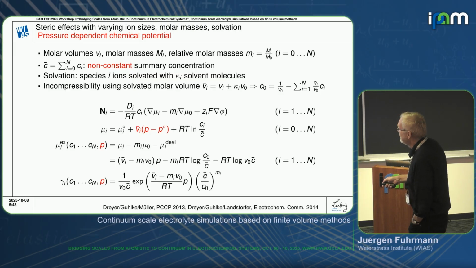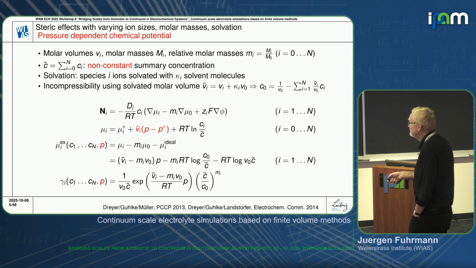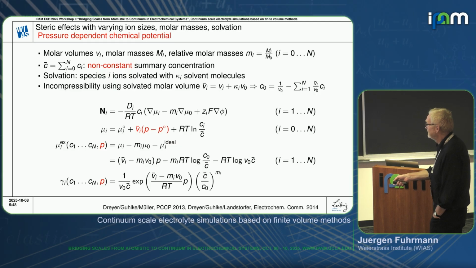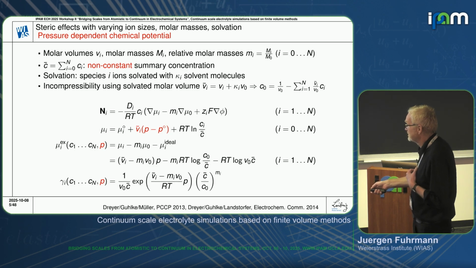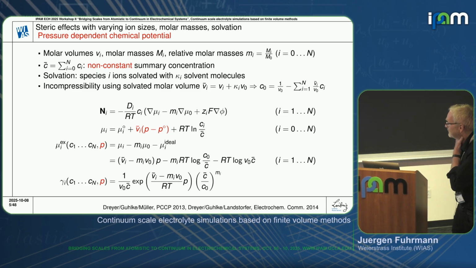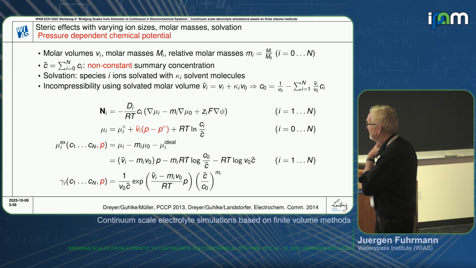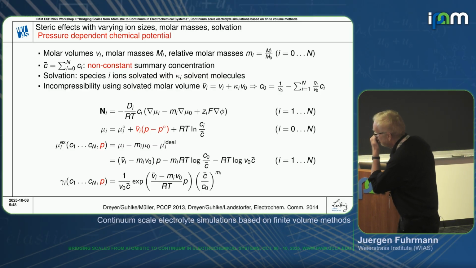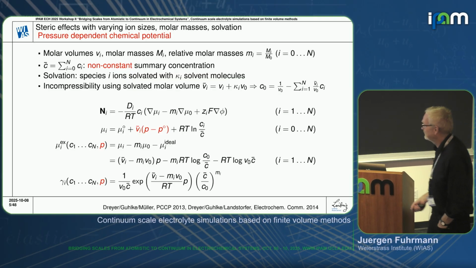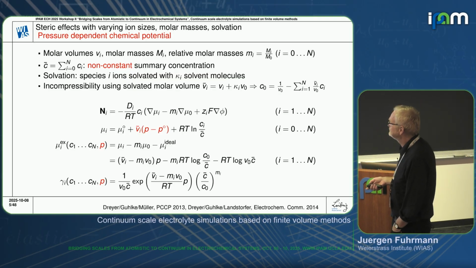And that means that our excess chemical potential, which we can calculate in this way, will, in addition to all the species concentrations, also couple to the pressure. Yeah? So this is the excess chemical potential or the corresponding activity coefficient, which comes from this theory.